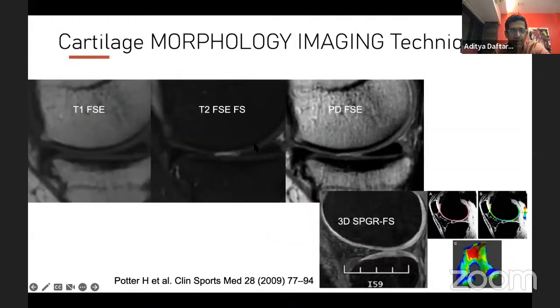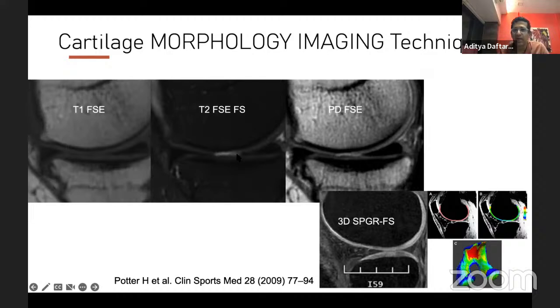Now, if we think about this, we have other methods by which we can look at it. So here, if you look at a T1 weighted image, a T1 weighted image does not show you fluid very well. And therefore, it is very difficult to discern a cartilage defect on a T1 weighted image. On a T2 weighted image, you can see that this is an area where cartilage has been disrupted. That normal gray anatomy has gone.